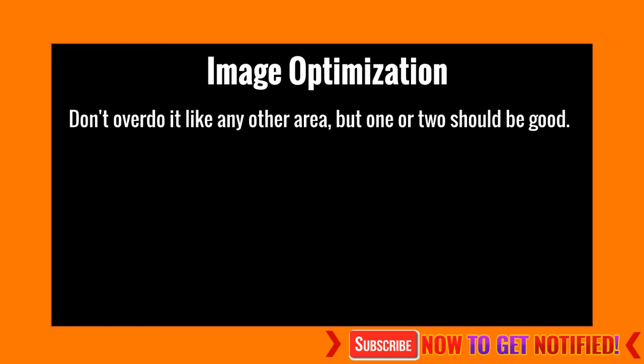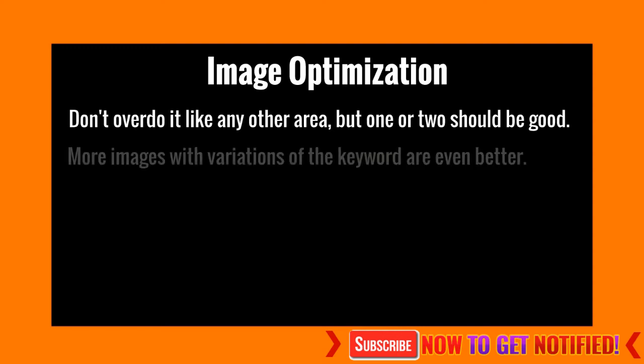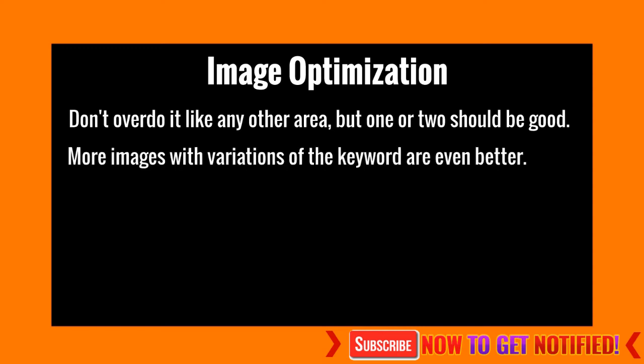That is why making sure that your keywords and your images fit and are accurate is important, but you don't want to overdo it in any other area. One or 2 should be good, 3 or 4 should be fine, but you definitely don't want to overdo it. Like I said, more images with variations of the keyword are even better.